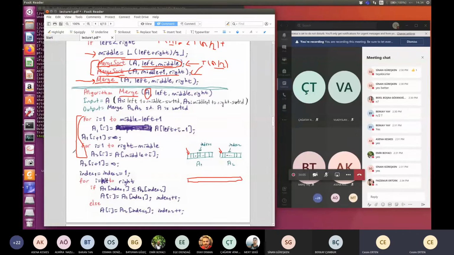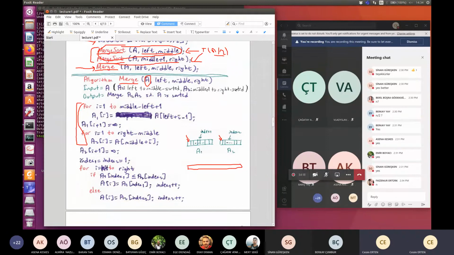So we say that these two for loops together take some running time proportional to n. So basically some constant times n. The rest of the time that we spend, so this is constant time, this is constant time. The rest of the time that we spend is for this last for loop.